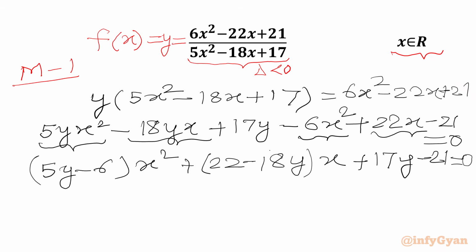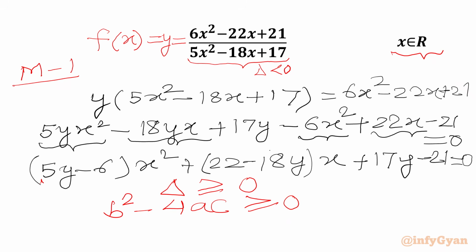For x belonging to real numbers, our discriminant must be non-negative, greater than or equal to 0. Then only we will get real x. So we will be using this condition. Delta is b² − 4ac, and this should be greater than or equal to 0. Here a is 5y − 6, b is 22 − 18y, c is 17y − 21.